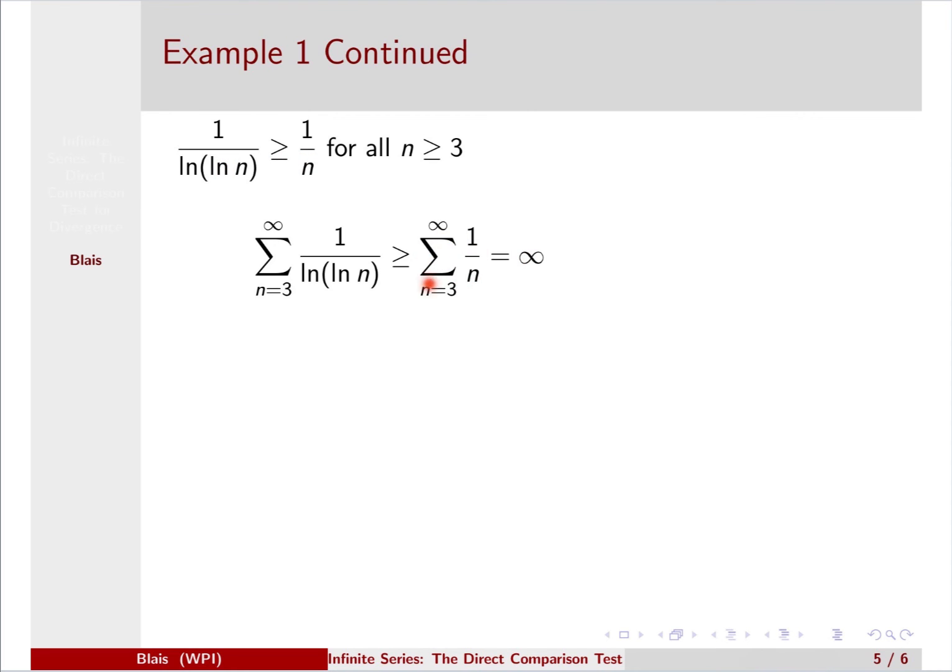But that sum, n goes from 3 to infinity of 1 over n, is infinite. And again, that's because the harmonic series diverges, which we showed in an earlier lecture. So we found a smaller divergent series.